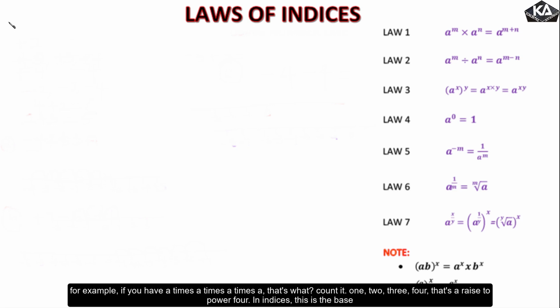For example, if you have a times a times a times a, that's what? Count it: 1, 2, 3, 4. That's a raised to power 4.